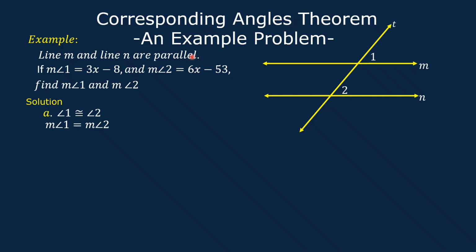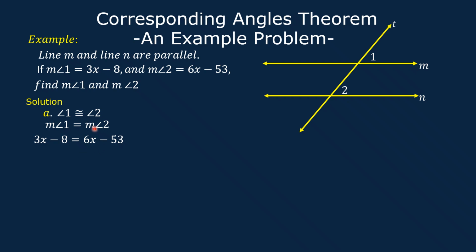So we can substitute 6x minus 53 for measure of angle 2. So we have now 3x minus 8 is equal to 6x minus 53. We are going to solve for x.